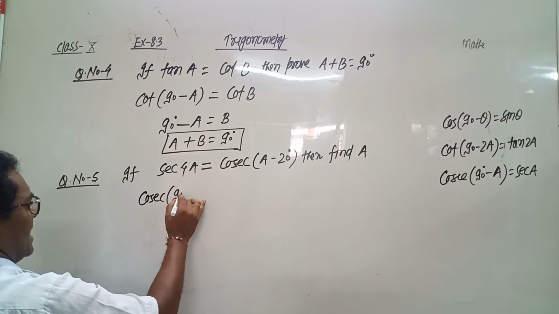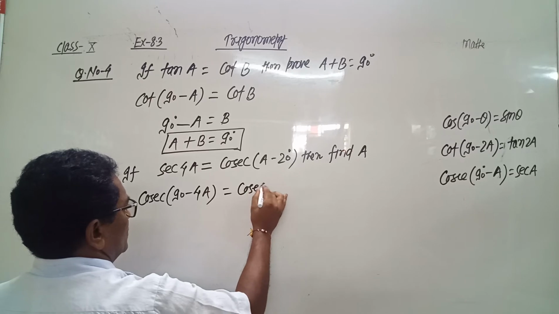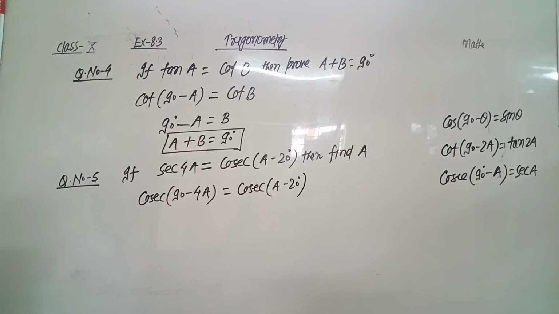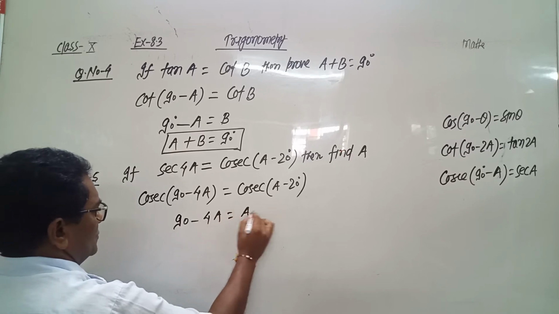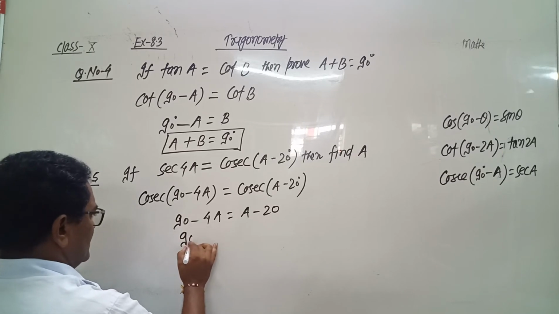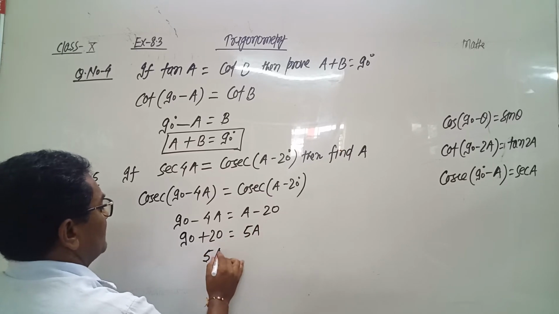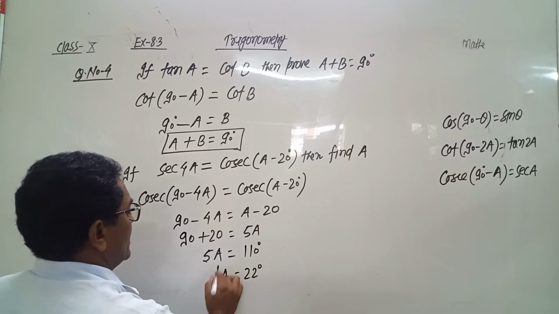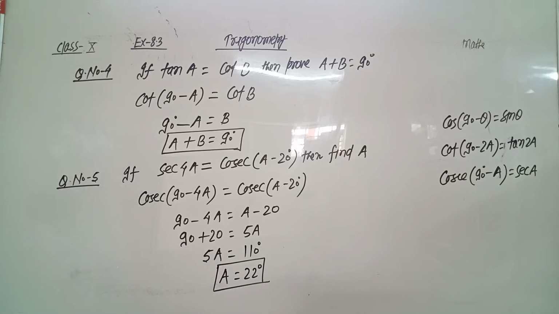Cosec (90 minus 4A) is equal to sec 4A equals cosec (A minus 20). From both the sides cosec gets cancelled and it remains 90 minus 4A equals A minus 20. Minus 20 will go on the left side, it becomes plus. 90 plus 20 equals A plus 4A, 5A, and 5A equals 110 degree, and the value of A is 22 degree. 110 divided by 5 comes to 22 degree.